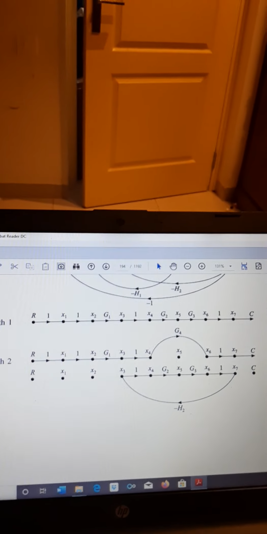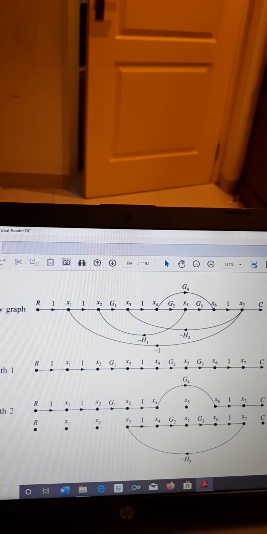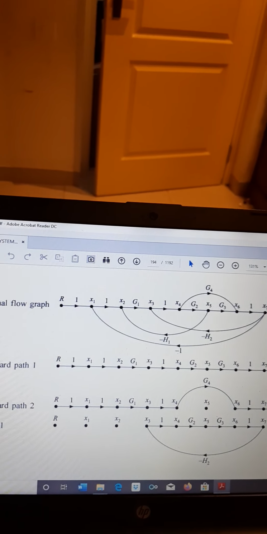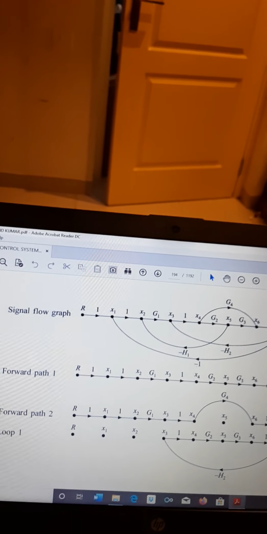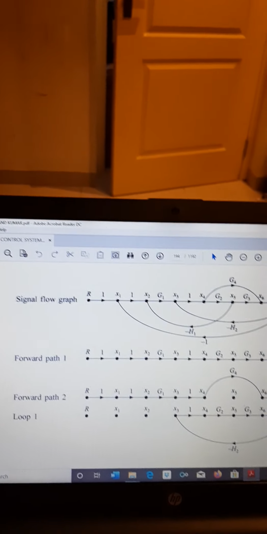Now, as you can see, the signal flow graph you are getting is like this. You have to identify how many forward paths there are from input to output.